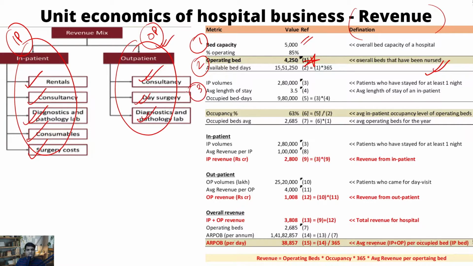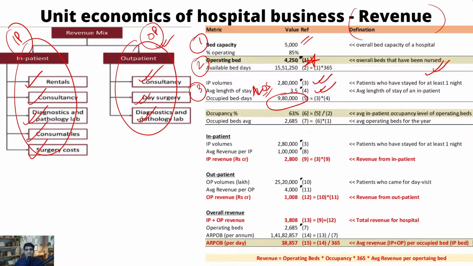The third part is that in any hospital there are going to be inpatients, and those inpatients stay for a particular number of days. That duration for which he stays is known as ALOS, average length of stay. So I assume that in this 500 bed capacity 400 to 450 operating beds are there, and the overall number of patients who have stayed with me for more than one night are around 2,80,000, and they have stayed for 3.5 days on average.